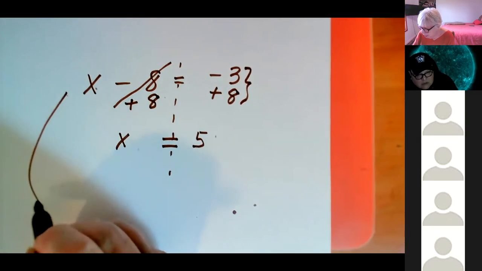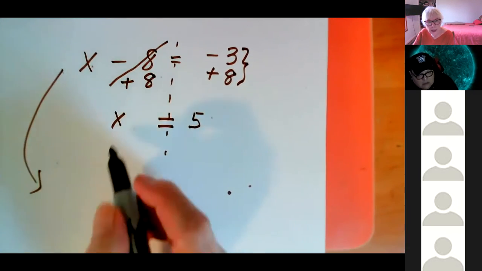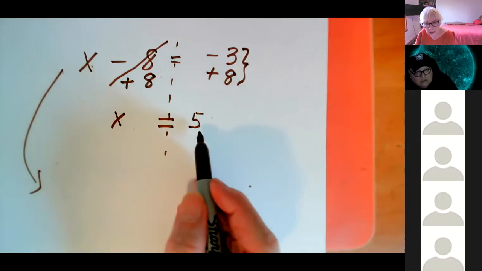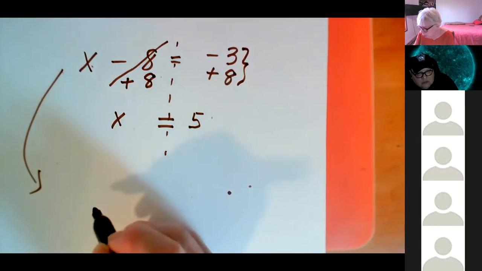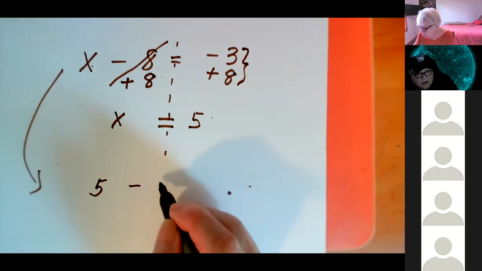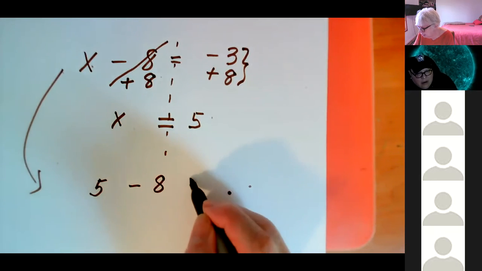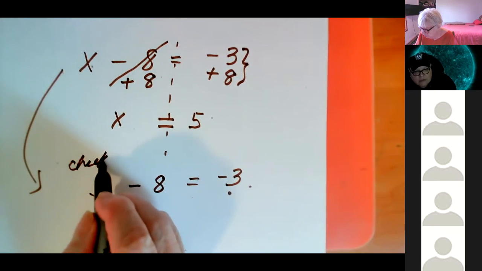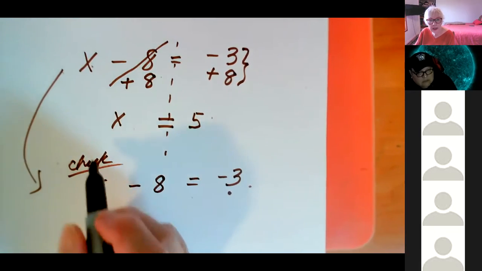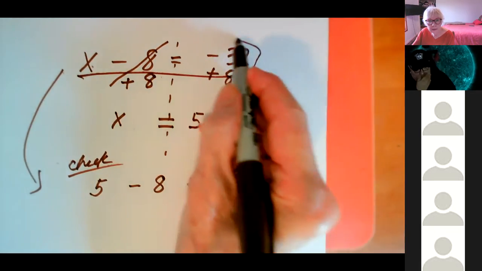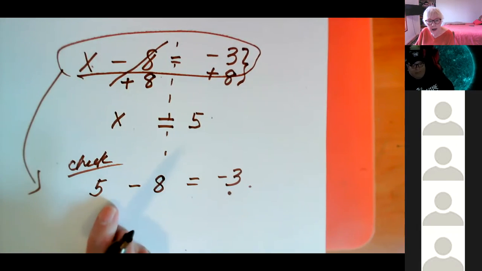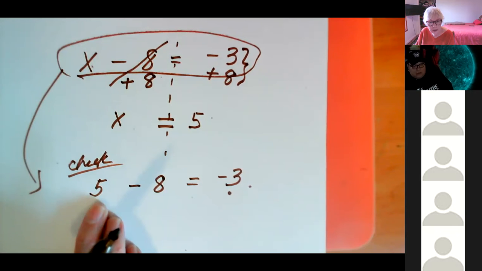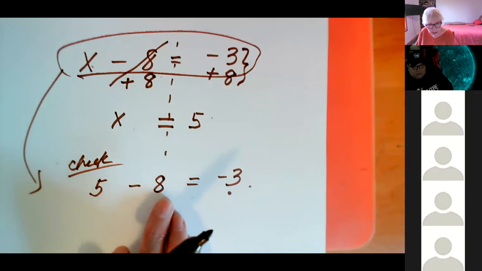And when you're done, if you put the answer you have, 5, into the original problem, that would be 5 subtract 8 is negative 3. This is the check. So instead of the original x, I put in the 5 that I have for an answer, and I want to see if that's correct.